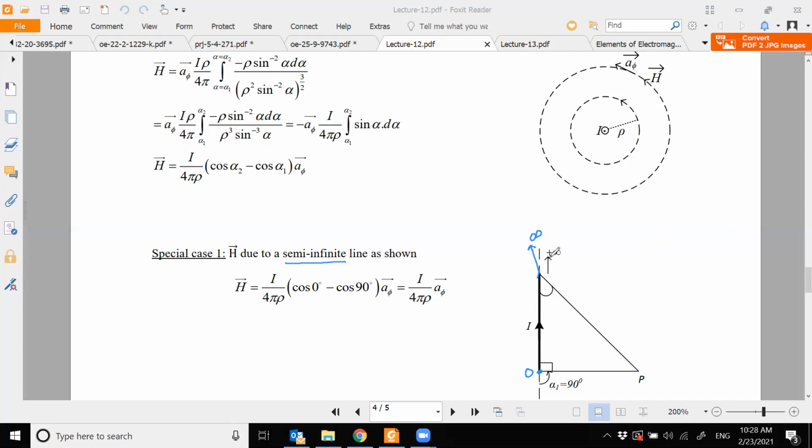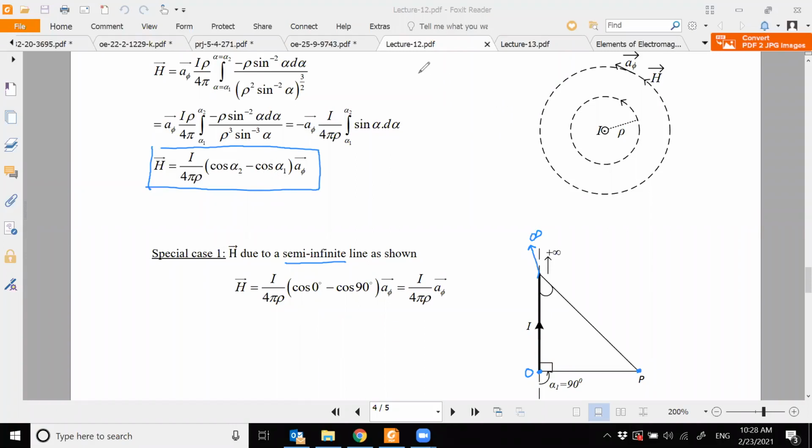That's why I wrote plus infinity. Then what will be the magnetic field created by this at this point P? We can follow the same expression that we got for the finite line, except we will just find what the angles alpha 1 and alpha 2 will be.